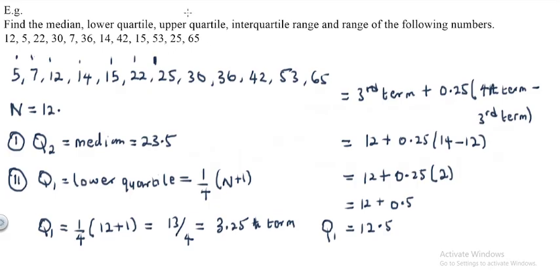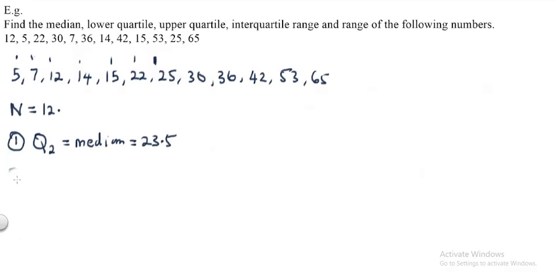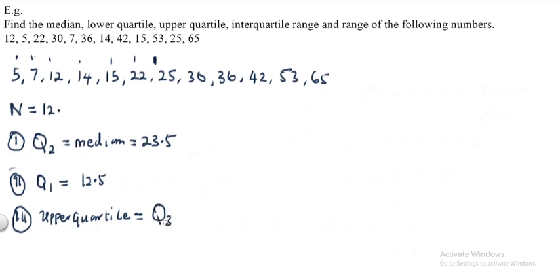Let's look at the next example, which is finding the upper quartile. Remember that the lower quartile, Q1, is equal to 12.5. For the next thing, the upper quartile, which is Q3, if you use the general formula of a quartile, this translates to 3 over 4, open brackets, n plus 1. 3 over 4, open brackets, 12 plus 1, which is equal to 3 over 4, open brackets, 13.